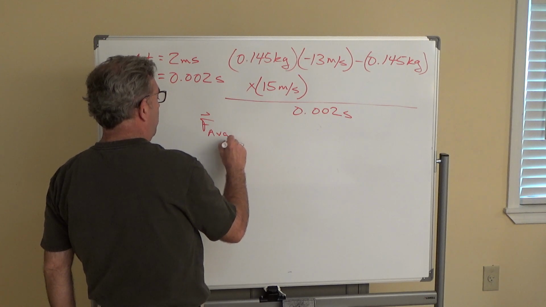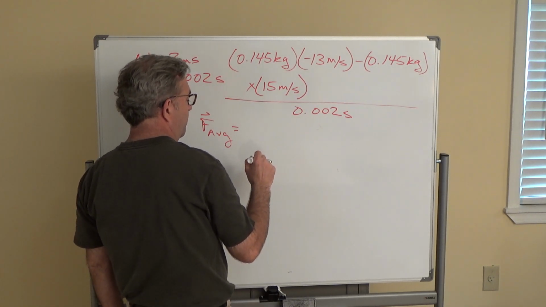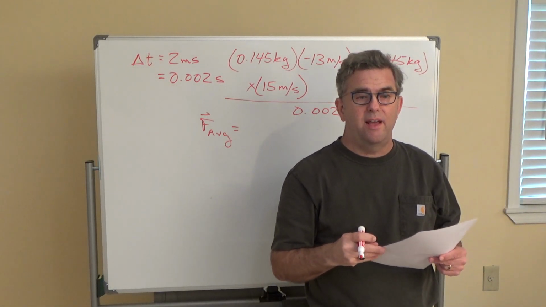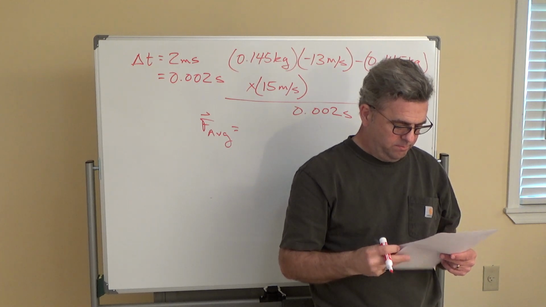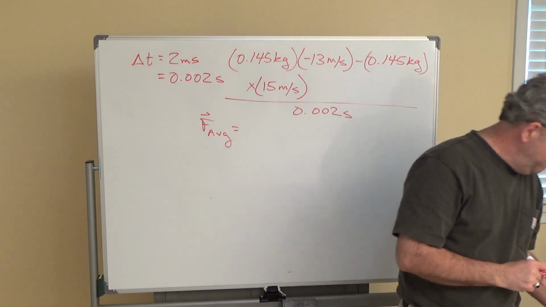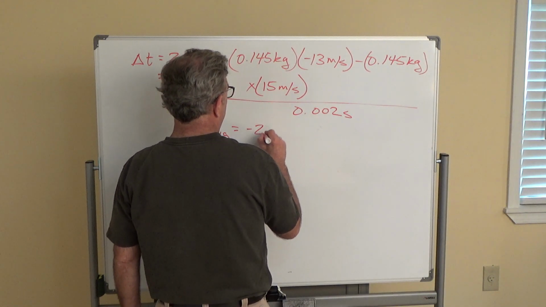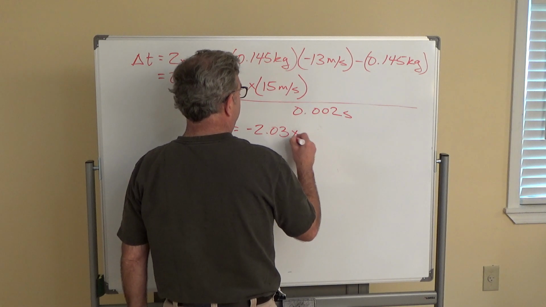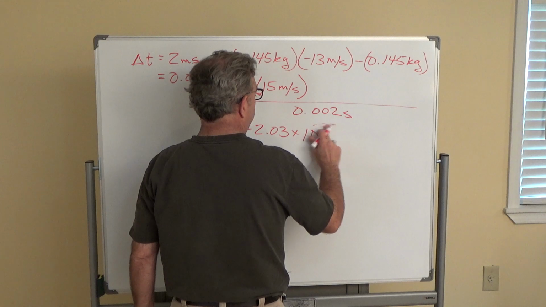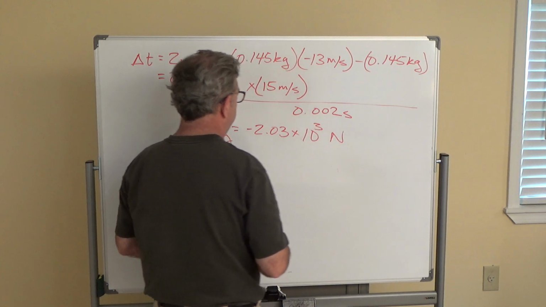So the average force is equal to, when you do this calculation, I think I do have an answer for that, believe it or not. Negative 2.03 times 10 to the 3 newtons.